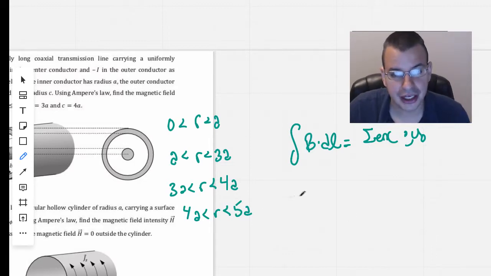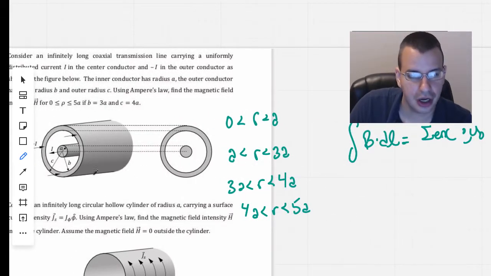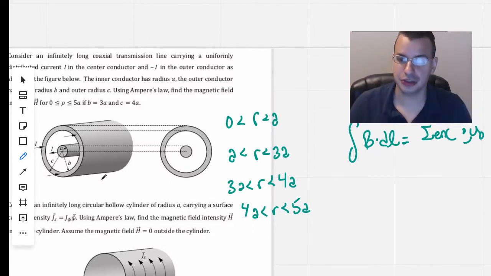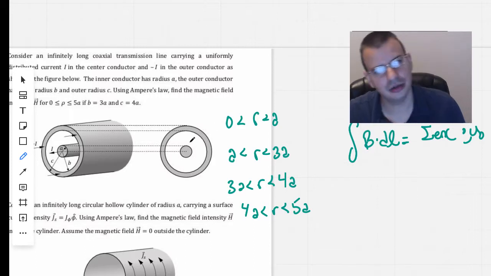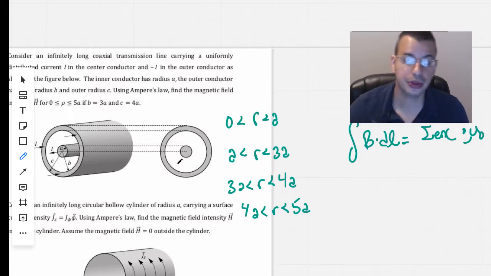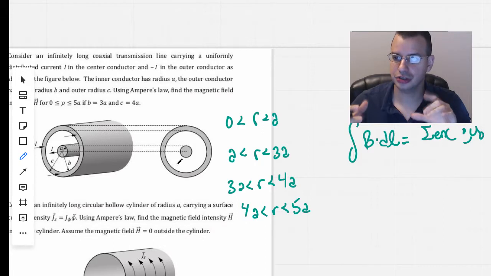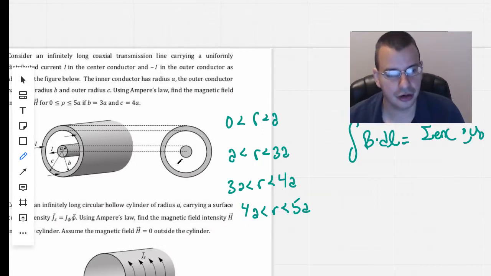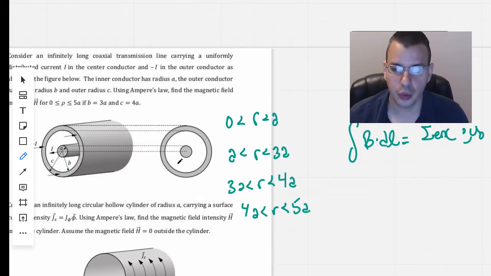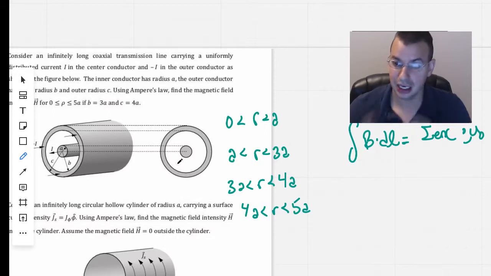Okay. So the idea here is that before with Gauss's law, we would draw a three-dimensional shape with a surface area. Now we're going to draw a two-dimensional shape with a length.